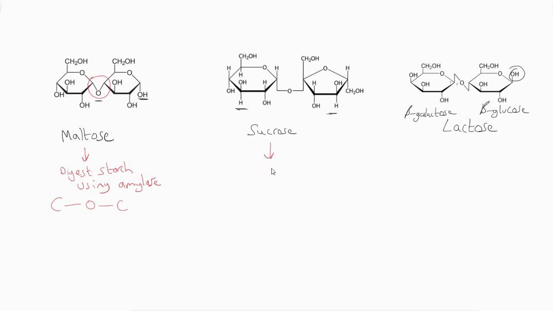Sucrose is the sugar that we get from plants such as sugar cane. So this is the cane sugar that we normally use in cooking. Lactose is an important sugar found in milk. So these are 3 disaccharides.